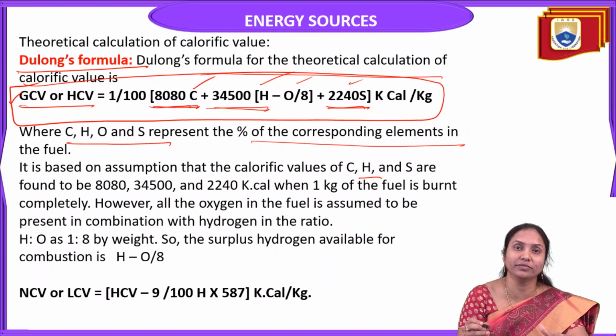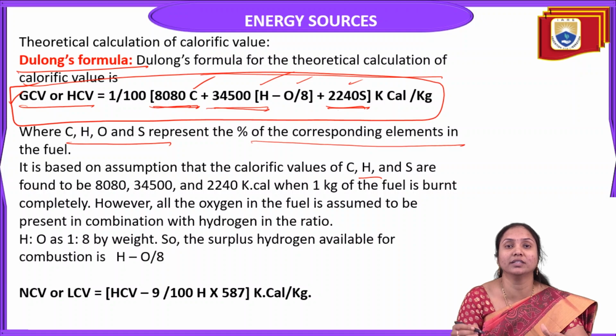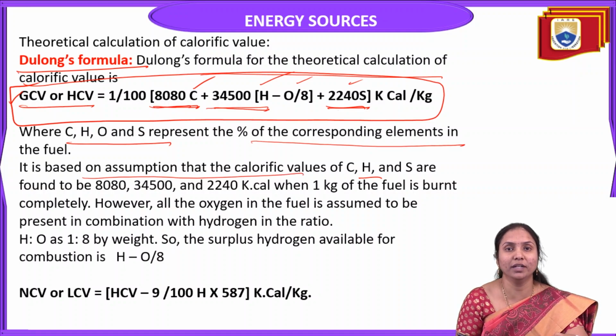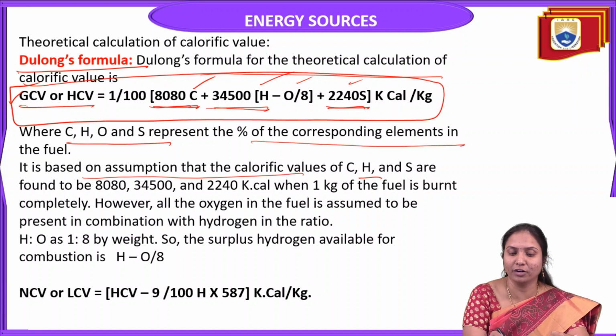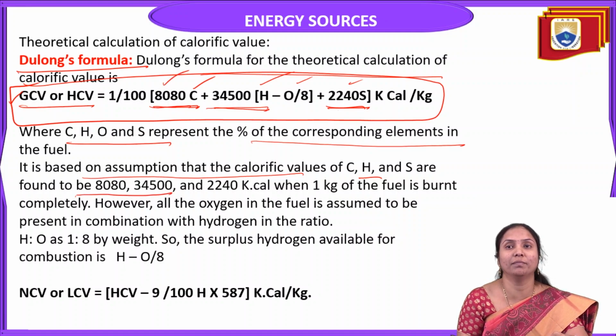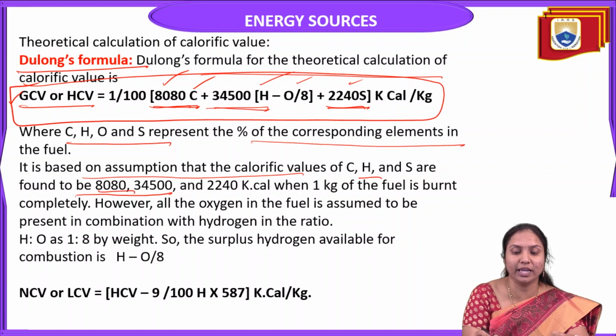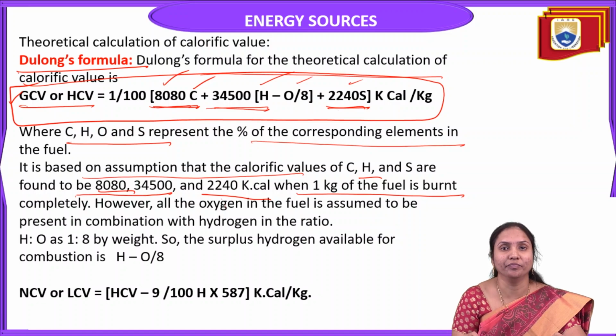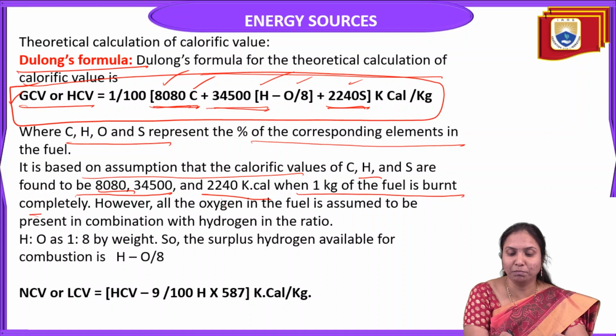It is based on the assumption that the calorific values of carbon, hydrogen and sulfur, as already discussed, are 8080, 34,500 and 2,240 kilocalories when 1 kg of the fuel is burned completely.